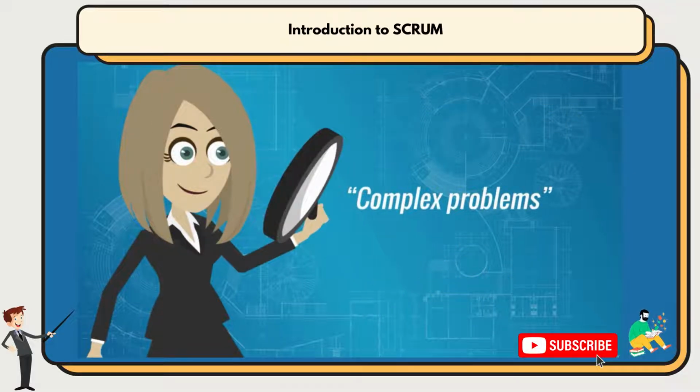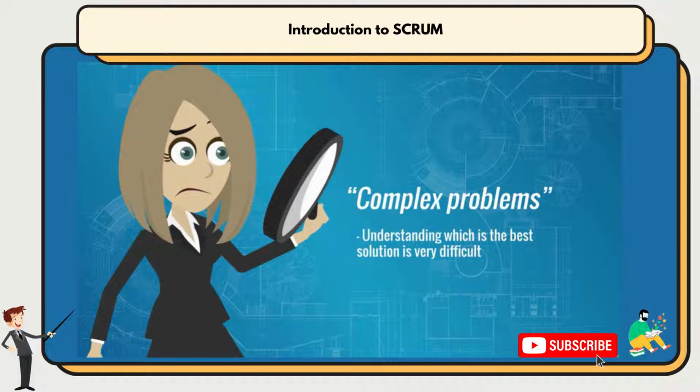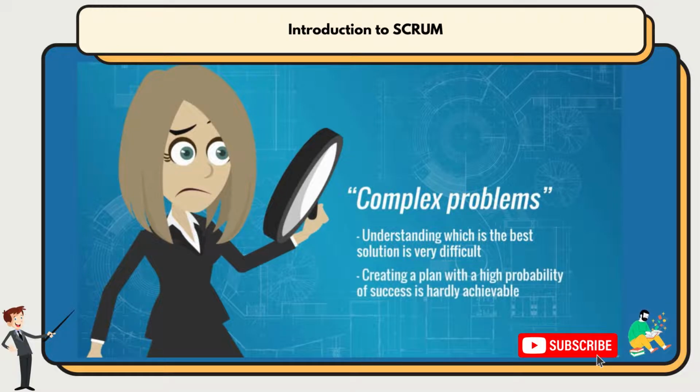Complex problems can be analyzed from many different perspectives, hence the possible solutions will also be many. Understanding which is the best one in advance and predicting how the various factors will interact is very difficult. Trying to apply a formula or algorithm to such cases will not solve the problem. Hence, creating a plan with a high probability of success is hardly achievable.